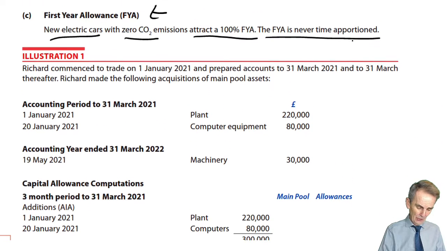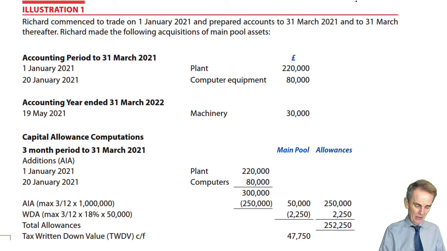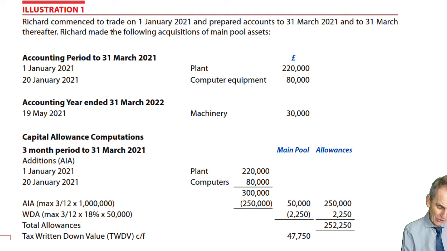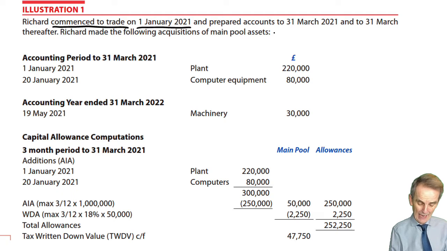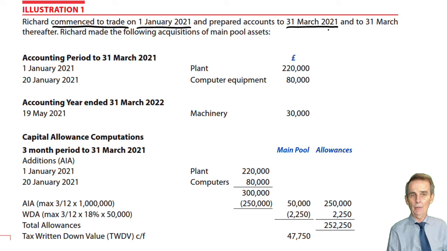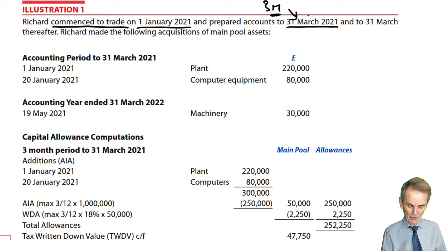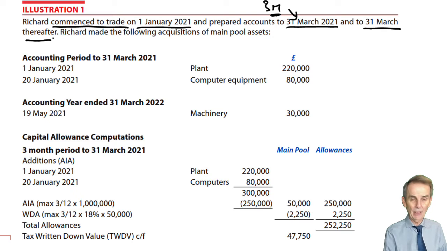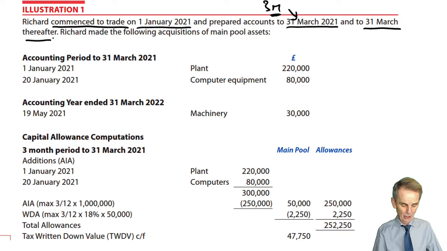So we're going to look therefore at our first illustration here, where Richard commenced to trade, an opening period, on the 1st of January 2021 and prepared accounts to the 31st of March 21. Well, hang on a minute, that's not a full 12 months. That, of course, is just a 3-month period through to the 31st of March 21 and then to 31st of March thereafter.